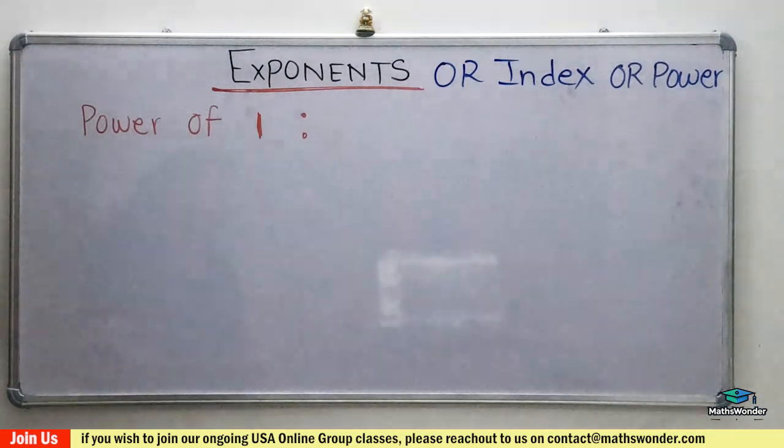So first is, this is not a law, but it is part of the laws, okay? So power of 1. For power of 1, we have 2 variations.